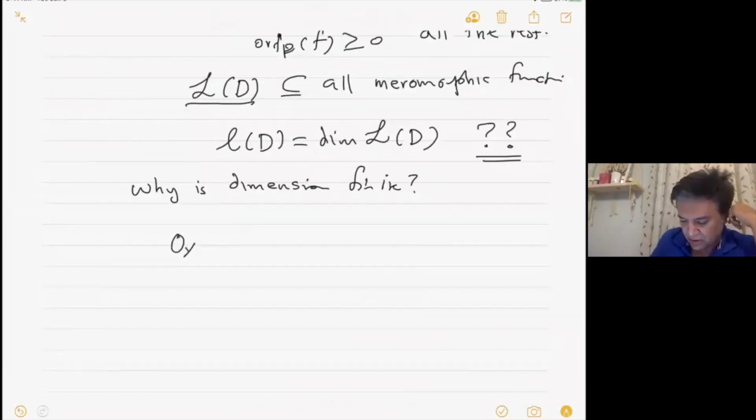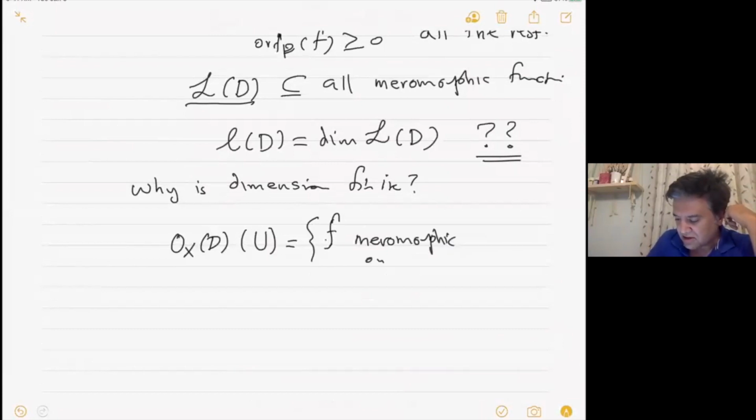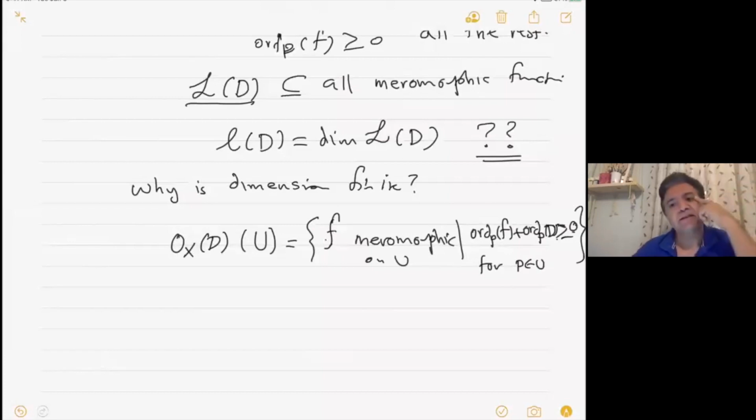So you define O_X(D) on some open set U to be all meromorphic functions f such that ord_P of f plus ord_P of D is bigger than or equal to 0 for P inside U. So now it is clear that if you take U to be the entire space, then you get the previous definition. But this is a local version of defining that.